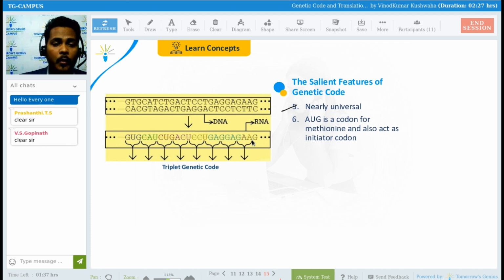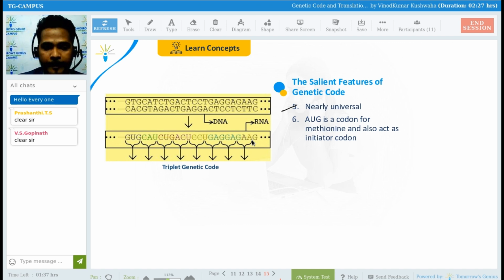Now codon AUG, this is something important. Codon AUG has dual functions, meaning it has two types of functions. What is AUG code for? Sasidaran, what is AUG code for?